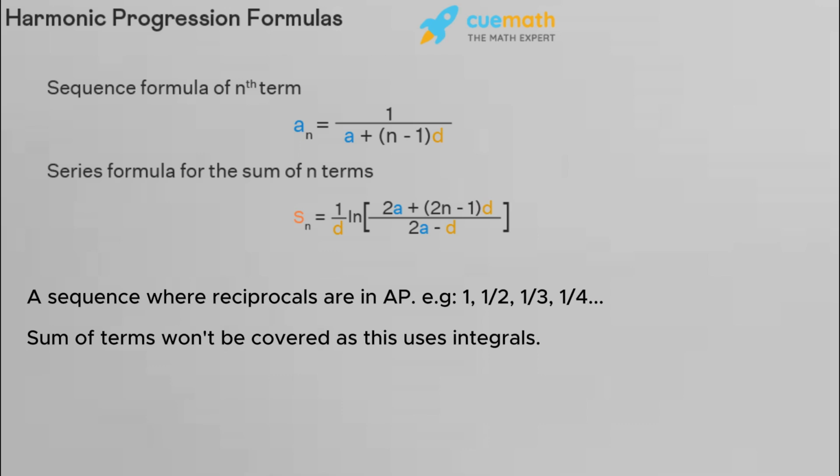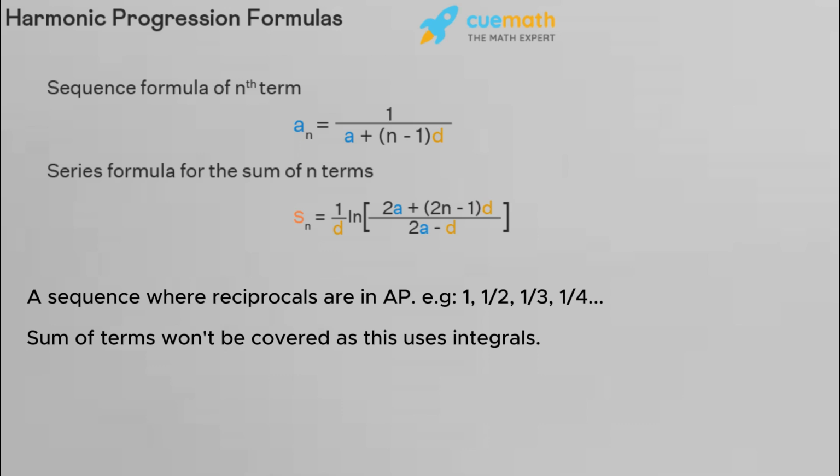The formula for the nth term is given at the top: the numerator is just 1, whereas the denominator at the bottom is an arithmetic progression. As for the numerator, you can have any constant you want, and if you want to incorporate it in the formula, it will not affect anything.